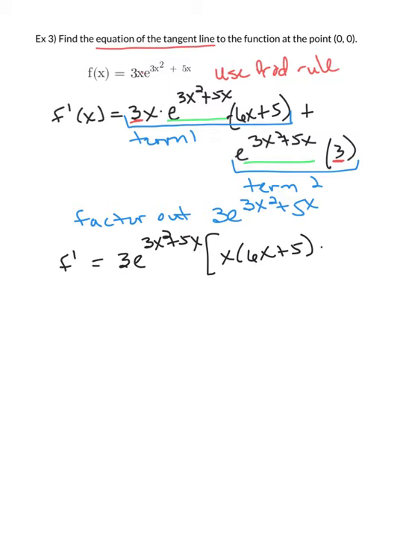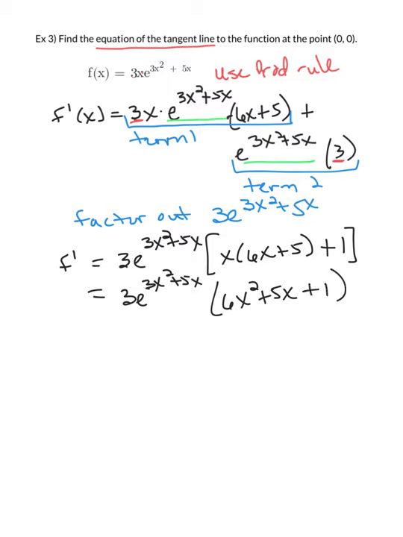We took two items divided by themselves. So what's left is a 1. So we now have 3e to the 3x squared plus 5x times (6x squared plus 5x plus 1). And that's our derivative.